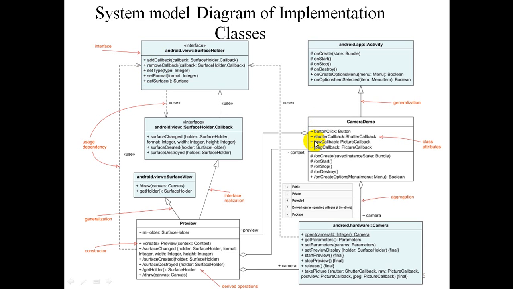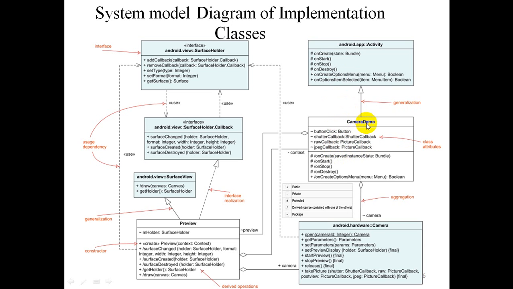Also we have some minus symbols, tilde symbols and hash symbols. So what are these symbols and what is their purpose? Plus is for public, minus for private, hash for protected, slash for derived, and this tilde operator is for package, the package function. So it is more complete, more comprehensive, and also a complete class diagram.